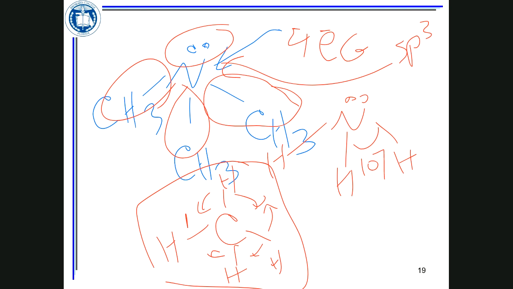But when it comes to ammonia, you have electron repulsion between the bonding or shared electrons, and you have electron repulsion for the non-bonding, the pair of unshared electrons. Preferably, it's going to be stronger. There is a force here, there is a force here, but this force is stronger.